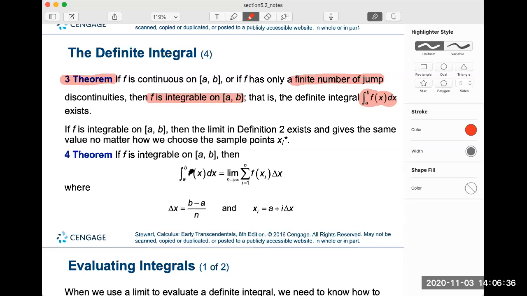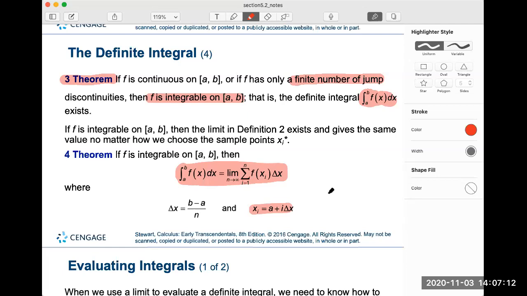And yeah, this integral, we can write it in terms of the limit of sums, where delta x is the discretization, b minus a over n, and xi could be computed from this formula. Okay.